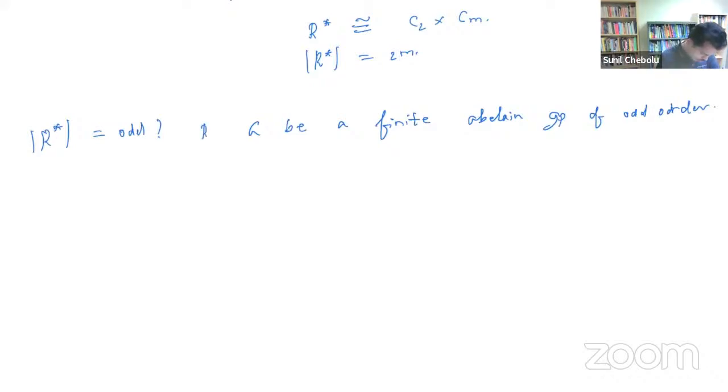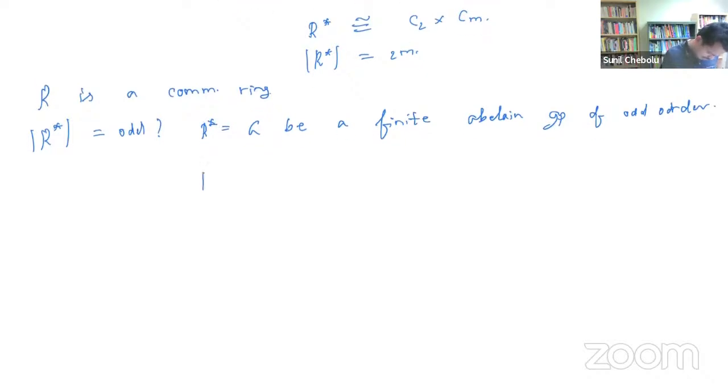So if R star is equal to G, so the set of units in the ring is G, which is a finite abelian group because R is a commutative ring. Then R star is G, a finite abelian group of odd order.